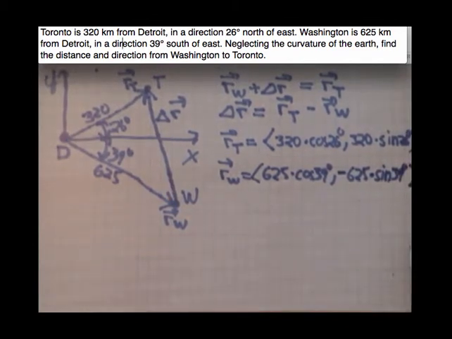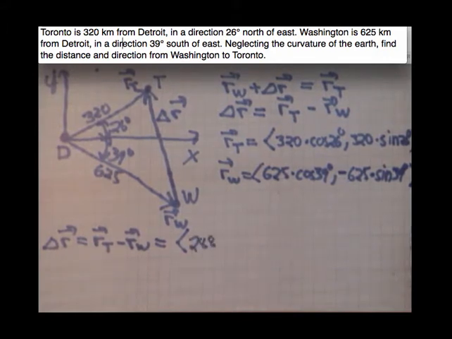Now I'm in a position to calculate the difference between these two vectors. Delta R, remember, is R T minus R W, and I did these calculations offline. In Cartesian coordinates, R T has a value of 288, 140 kilometers.